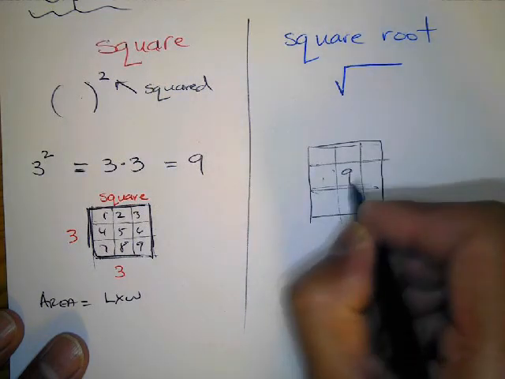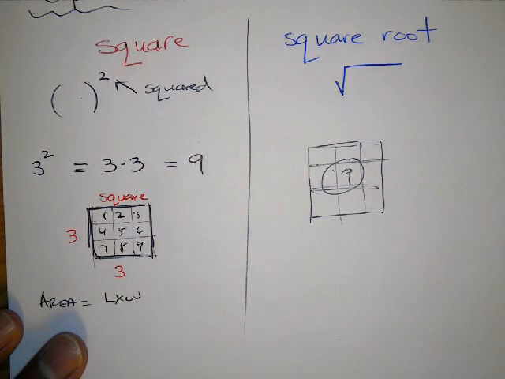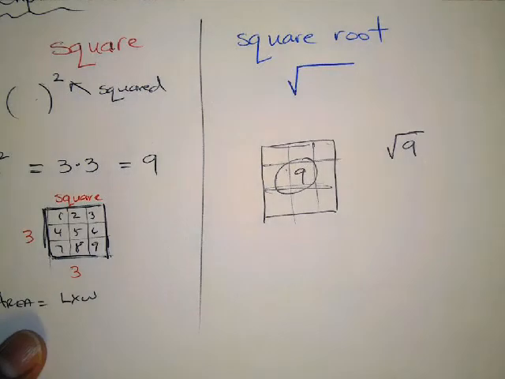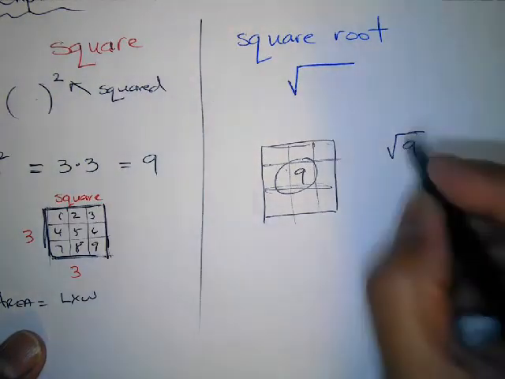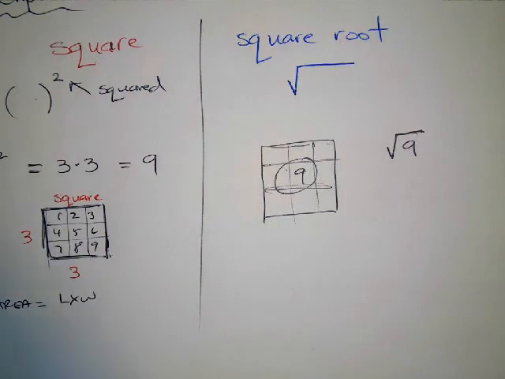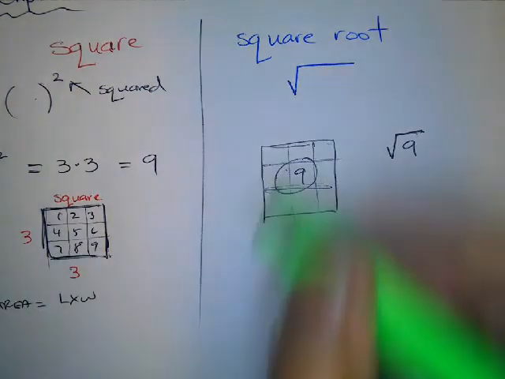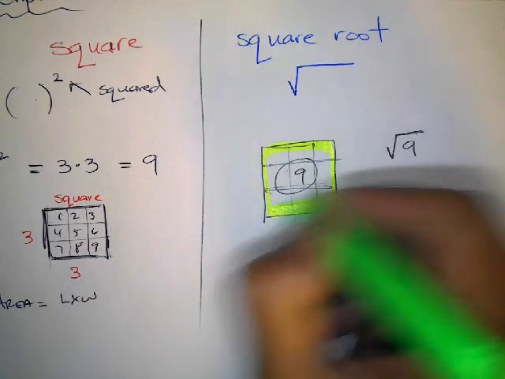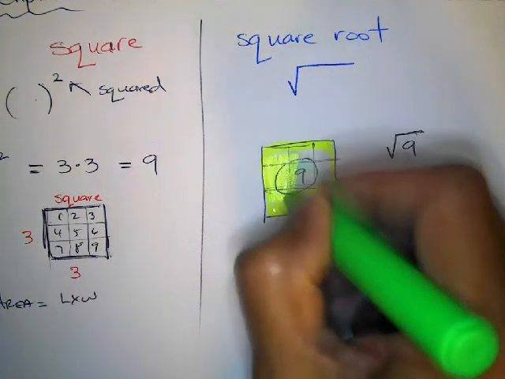We know that there are 9 squares in here in total. So then we're asking, what's the square root of 9? What is that asking? Well, it's asking: if this area is all 9, if there are exactly 9 squares in this square, because the shape is a square, that's why it's called square or square root.